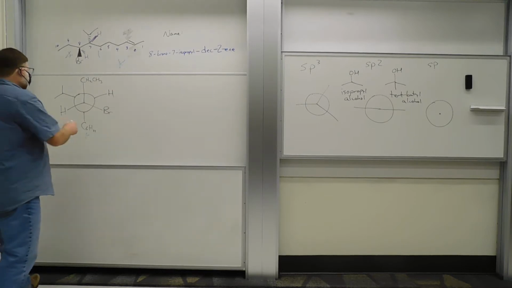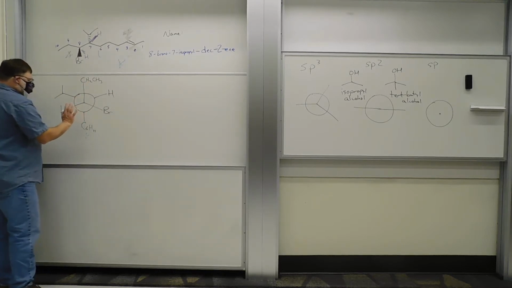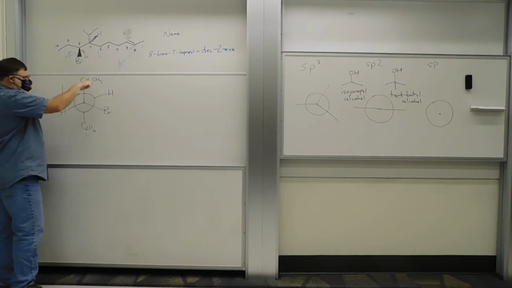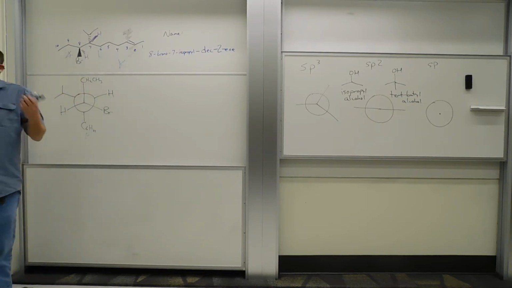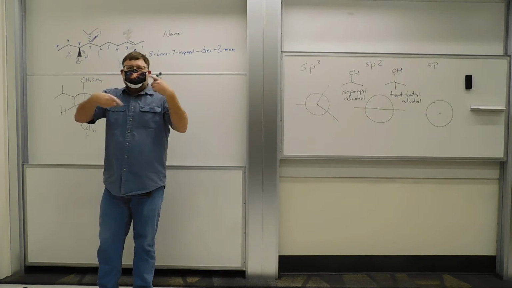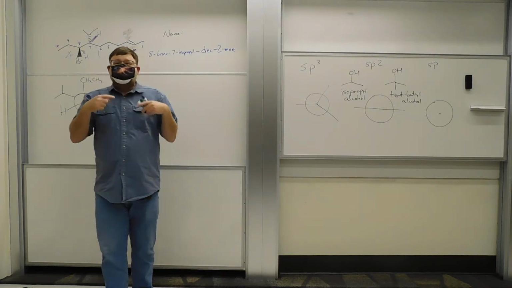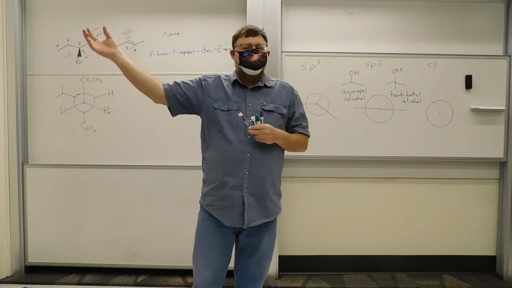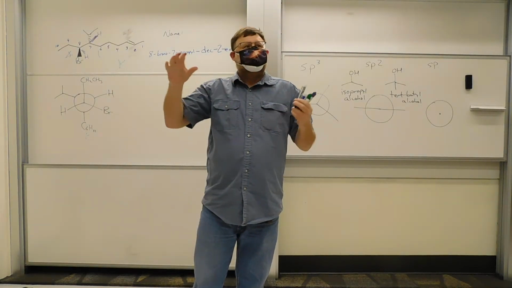So let's do that. I'm going to hold the back carbon the same, and I'm going to rotate the front carbon. There's no rhyme or reason to how to do this, okay? The molecule itself can rotate clockwise or counterclockwise, and in fact it will do both. This whole molecule is tumbling through solution or through the air.